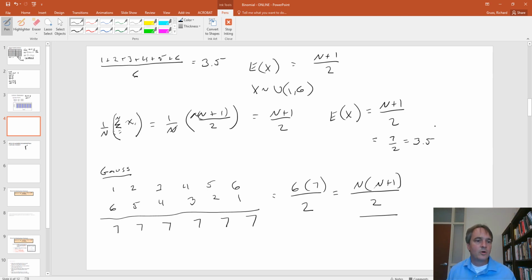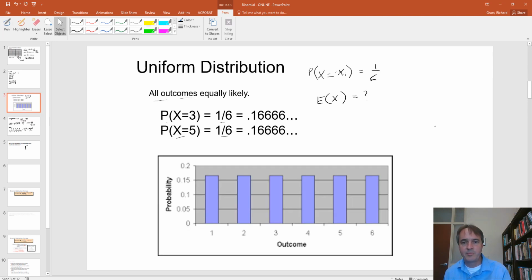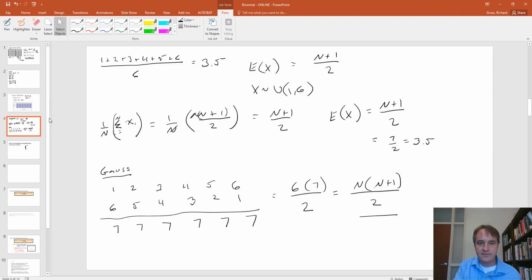Okay, so there's a simple case of a distribution that allows us to come up with a function that maps an individual outcome to a probability, and in addition to giving us the PMF, we also have a way of getting the expected value, and also the variance. We're not going to go over that right now.